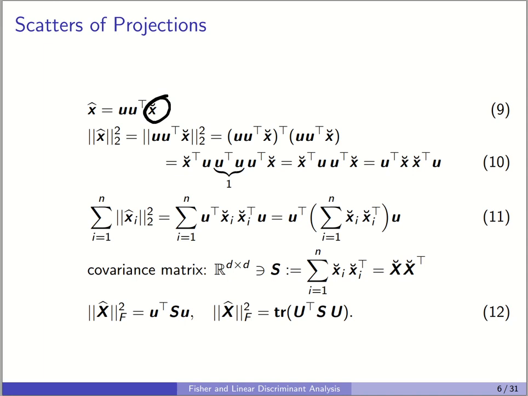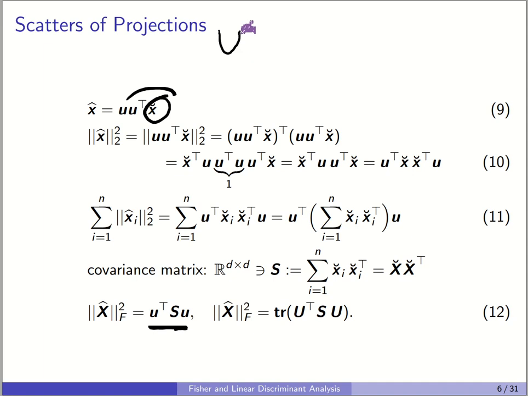Although we don't need to center data in Fisher discriminant analysis, for explaining what this means, U transpose SU, I'm using x breve here. And then I told you that there is no need to center data. U transpose X is the projection of data.